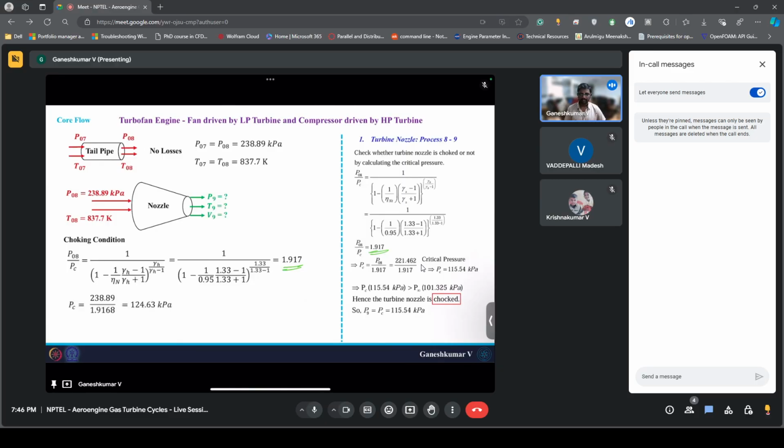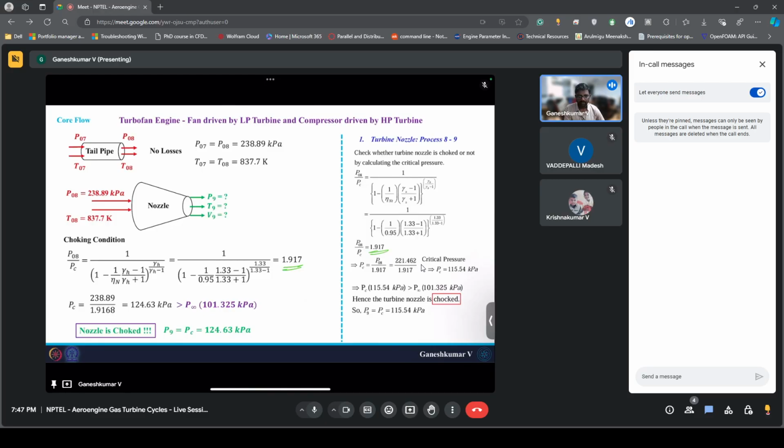If you calculate that critical pressure, it comes out to be 134.63 kilopascal, and we are on the ground where atmospheric pressure is 101.325, and this pressure is a little higher, which means your nozzle is choked and your exit velocity corresponds to Mach number equal to 1.